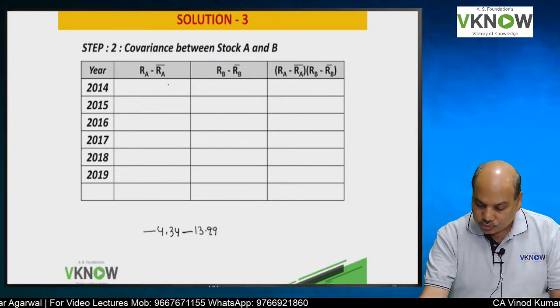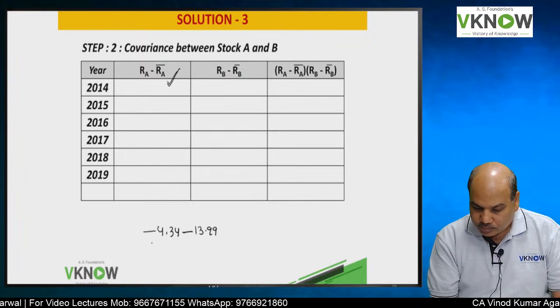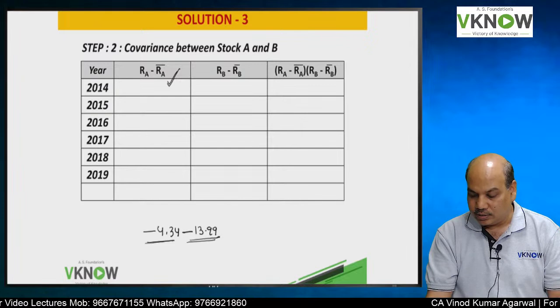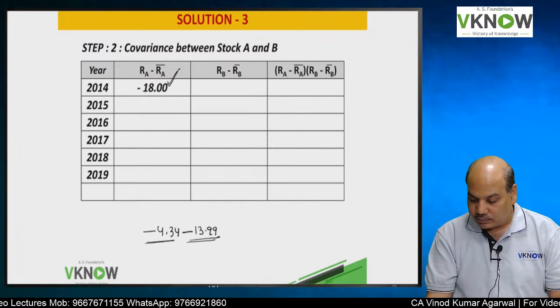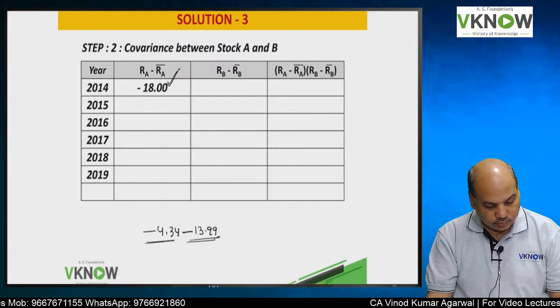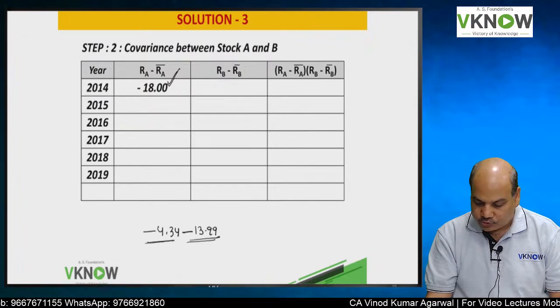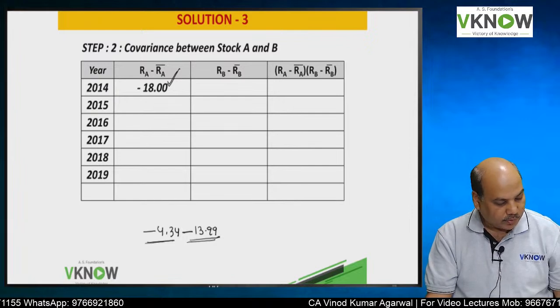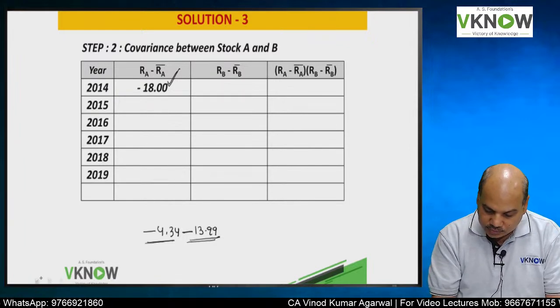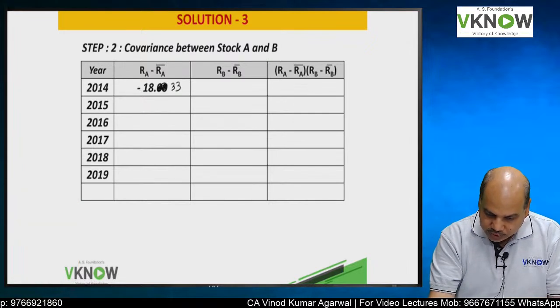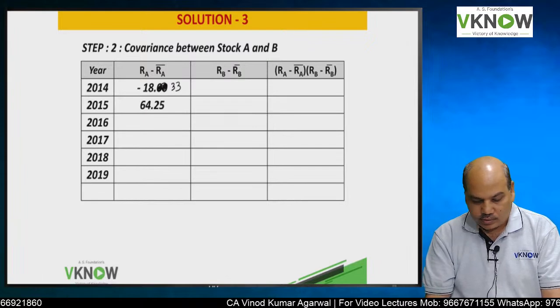So for 2014, minus 4.34 minus 13.99, the answer will be approximately 18.33. You are right, 18.33. Come on, next one.